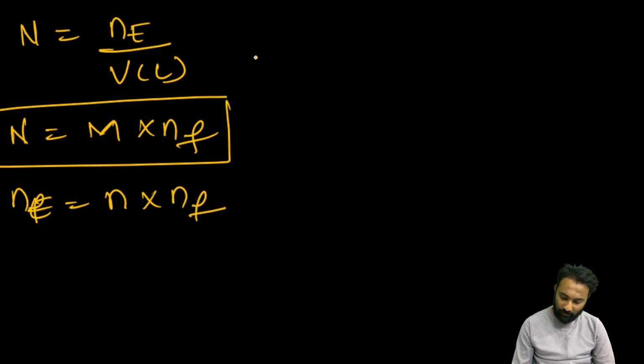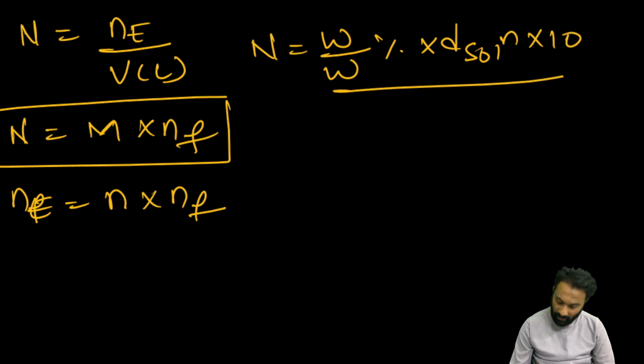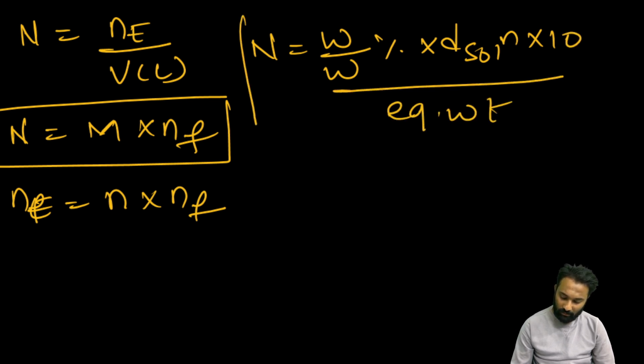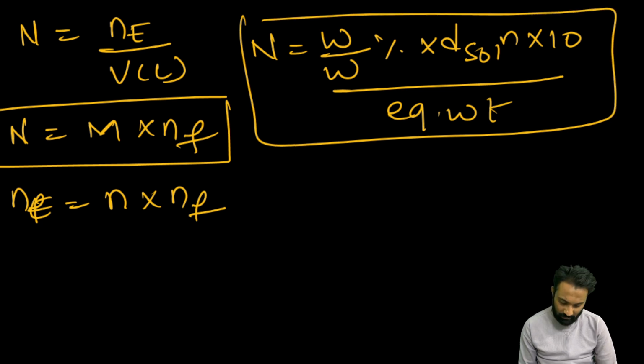And another important formula: normality is equal to weight by weight percentage into density of solution into 10 by equivalent weight. Clear?